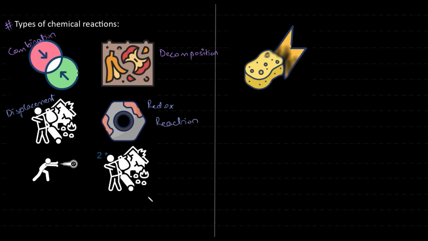And what is this? This is displacement, with 2 written over there. Double displacement. This is nothing but your, yes, Dragon Ball Z. That is your exothermic reaction, where energy is being given out.